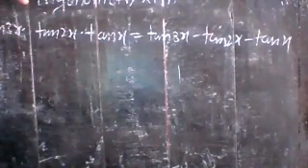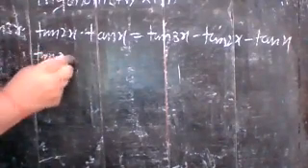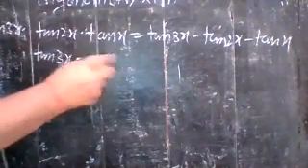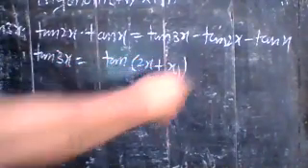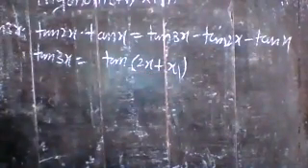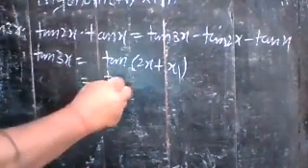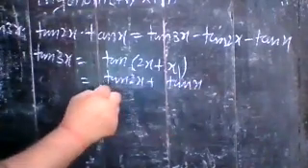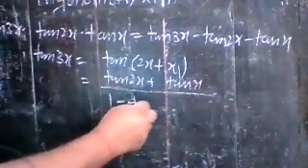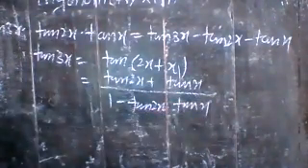Now applying the identity for tan of x plus y, you have tan 2x plus tan x upon 1 minus tan 2x tan x. In this way, you have your result.